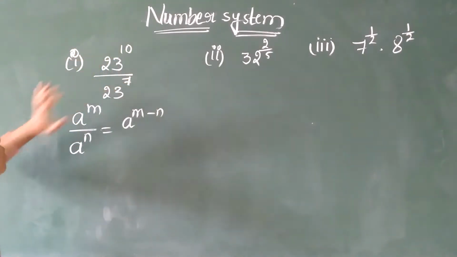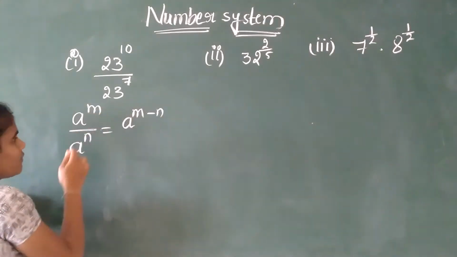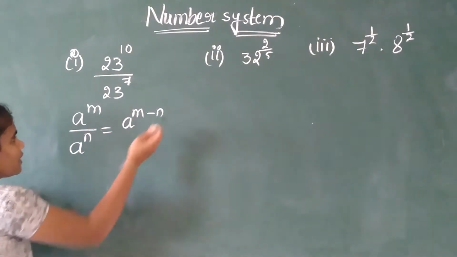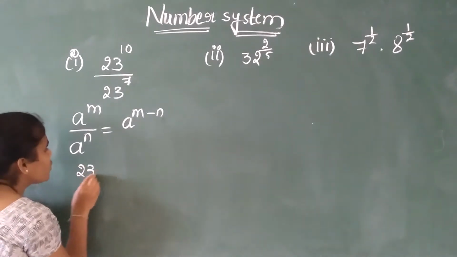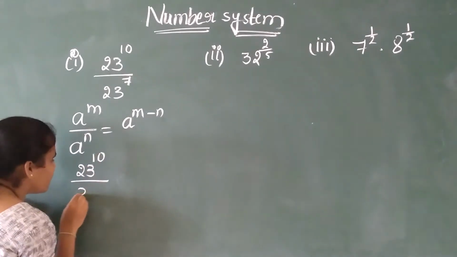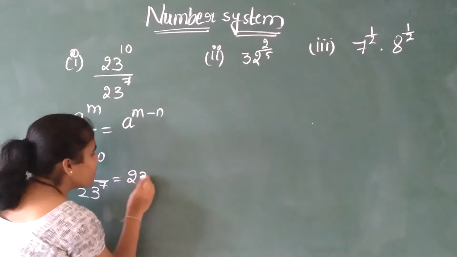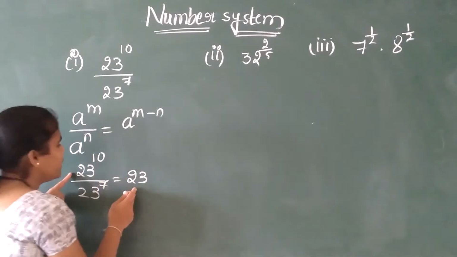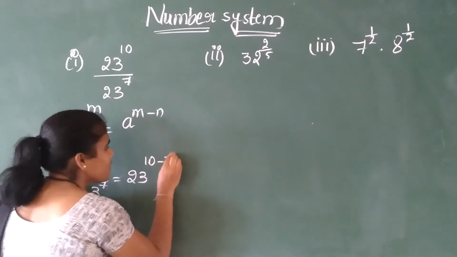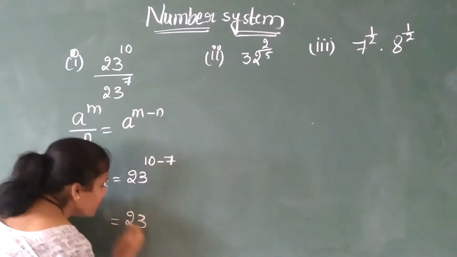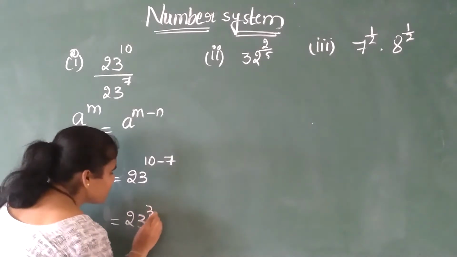So a to the power m divided by a to the power n is equal to a to the power m minus n. Here 23 to the power 10 divided by 23 to the power 7 is equal to 23 base is 23 to the power 10 minus 7. So here 10 minus 7 you will get 3. 23 to the power 3 you will get.